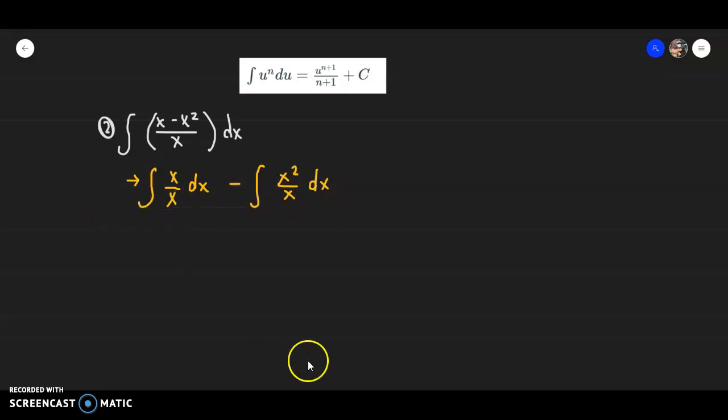So, this one, simple as 1 lang to, diba? Kasi x divided by x is simply 1. So, we can write that as antiderivative of 1 dx minus, ito, x squared all over x.